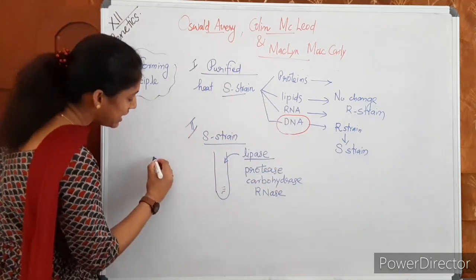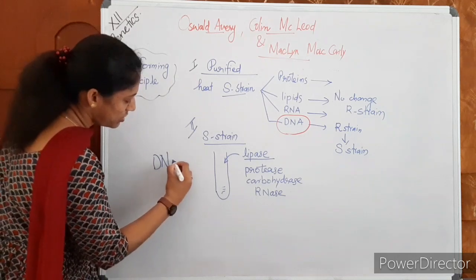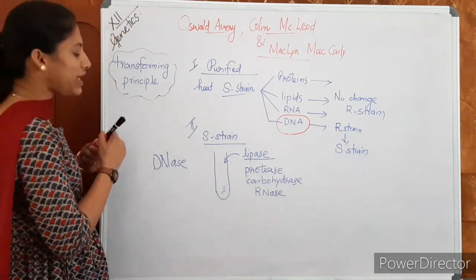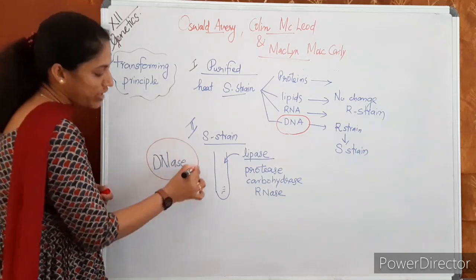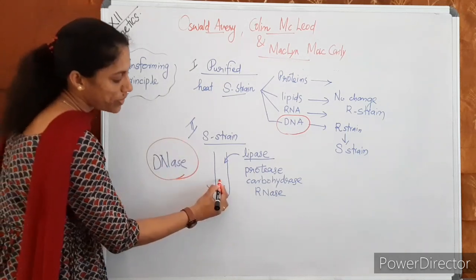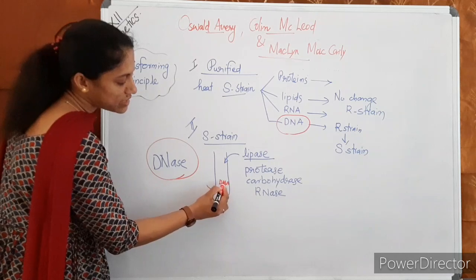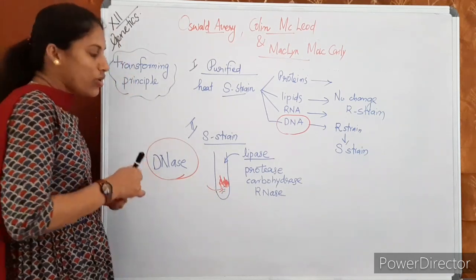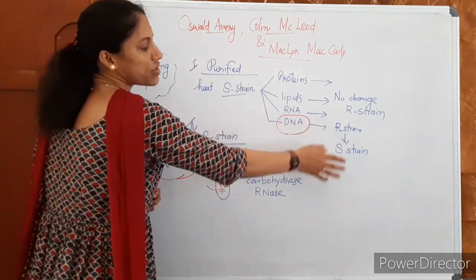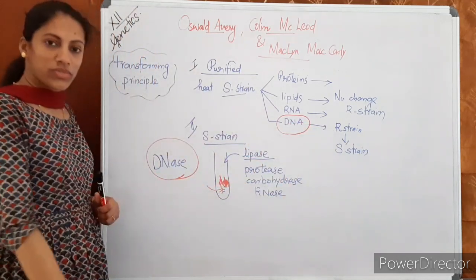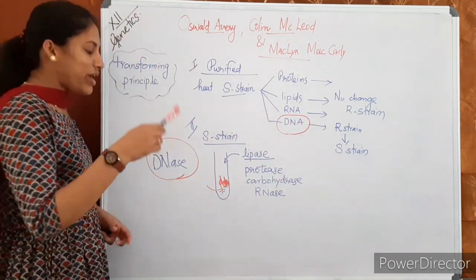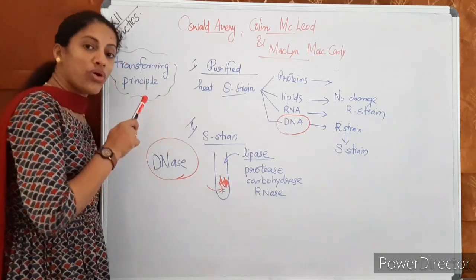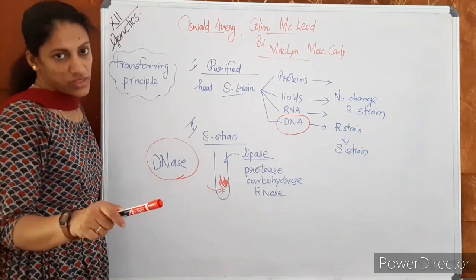But when DNase is used, what is DNase? DNase is a DNA-digesting enzyme. When DNase is used, what happened? All the DNA inside it is digested. No more DNA. So when this is injected to R strain, S strain is not formed. That means when DNA is digested with DNase enzyme, no transformation was possible.